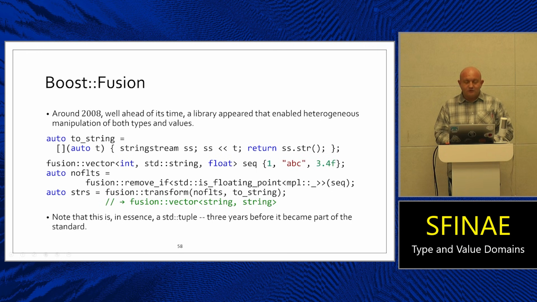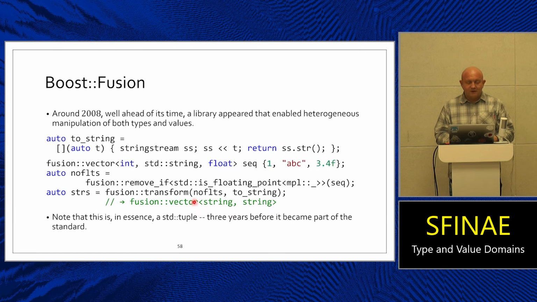You can have a fusion vector like this, and then at compile time, filter out all floating point types, and at runtime, process the actual values. This was in essence a std::tuple 3 years before std::tuple appeared, and really more convenient, just longer to compile.